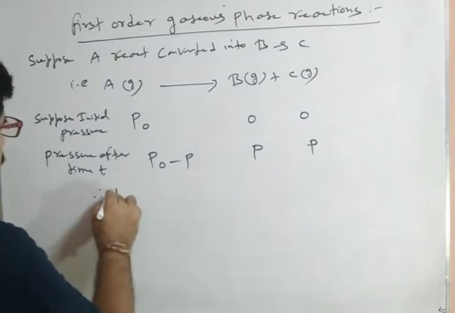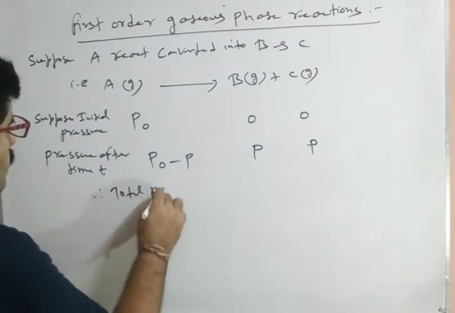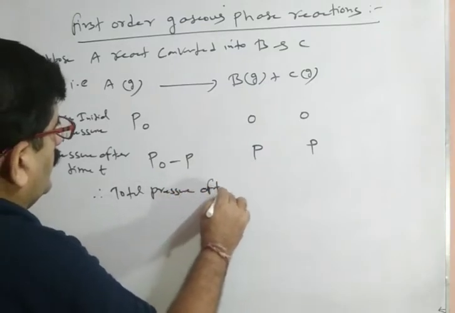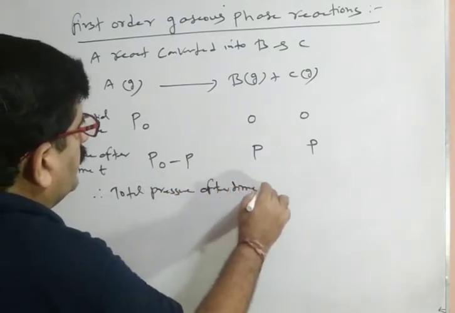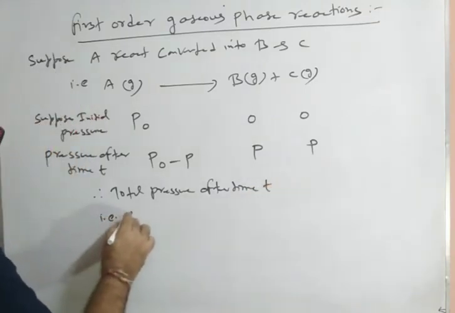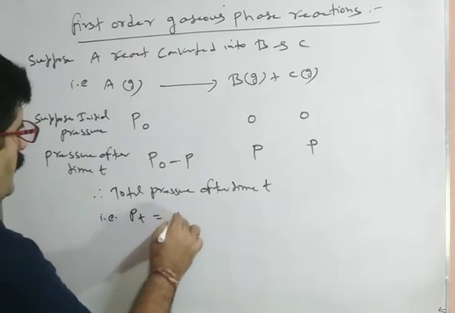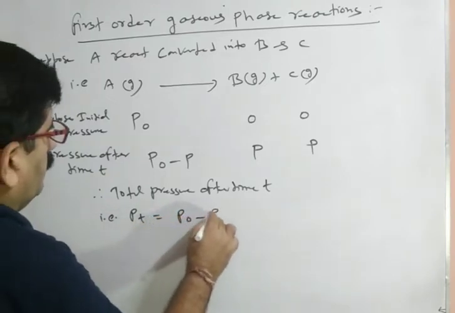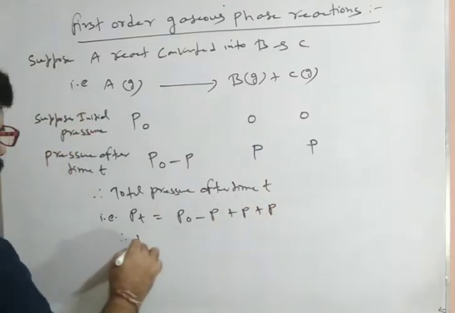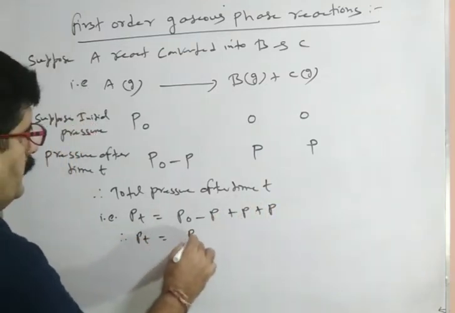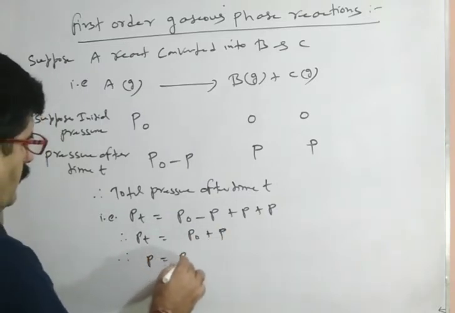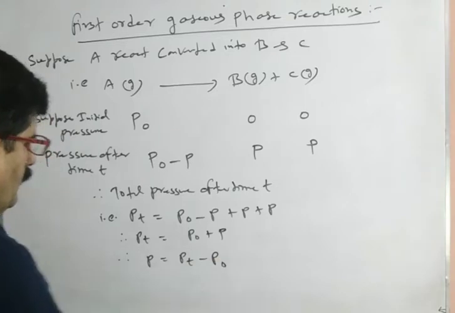Therefore, total pressure after time t, that is Pt, is equal to what? P0 minus P plus P plus P. Therefore, Pt is equal to P0 plus P. Therefore, P is equal to Pt minus P0.